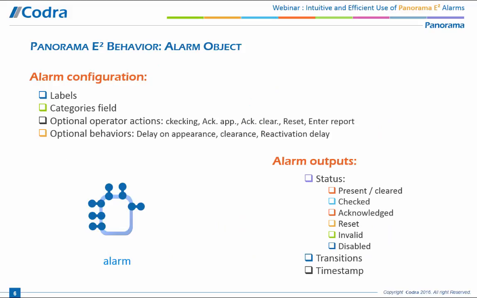In the alarm configuration, you have several text fields, like a label for naming the alarm, and the present label to give precise information instead of a present or cleared message. You can use words like empty, overheat or broken link, unavailable. There are several categories which you can put as text on an alarm and event object. You use them to add comma separated values and fields specific to each alarm.